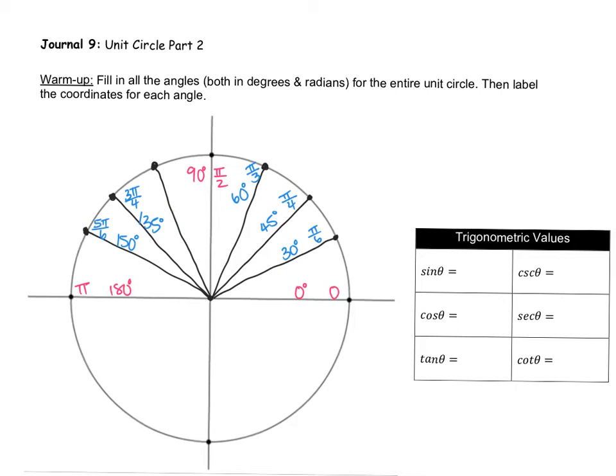This guy here is a reflection of the 60 degrees. So if I take 180 and subtract 60 degrees, that's going to give me 120 degrees, which is also equivalent to taking pi and subtracting pi over 3, which would give me 2 pi over 3.